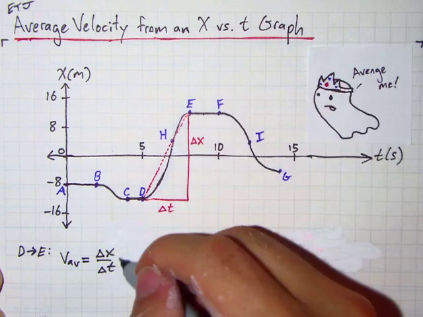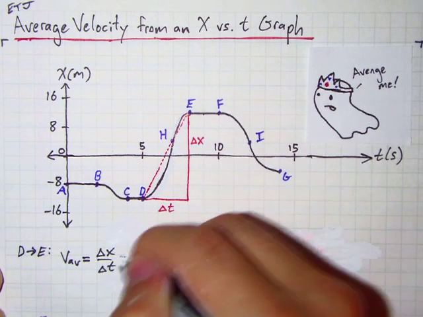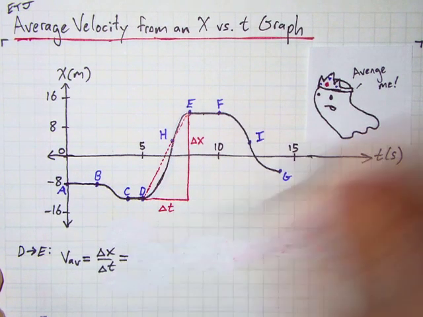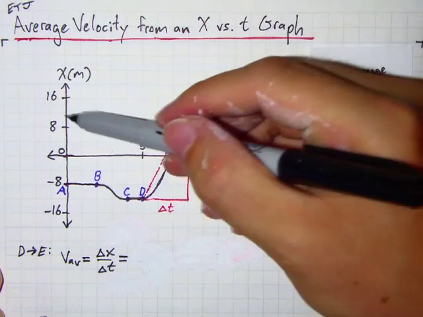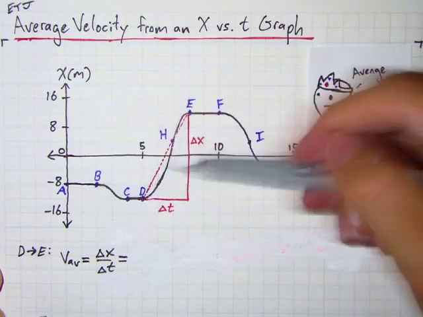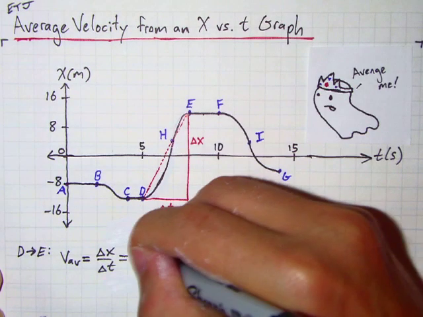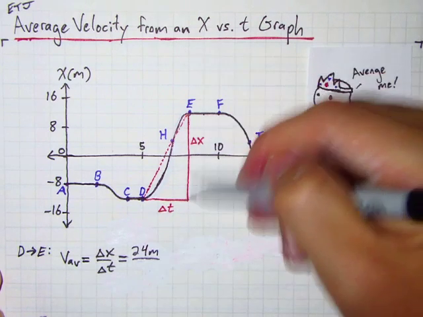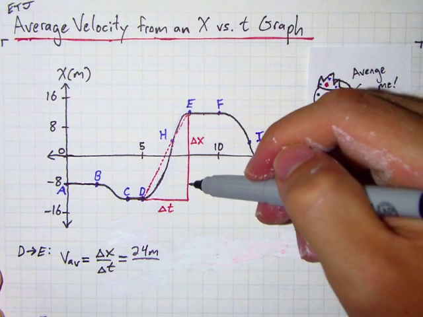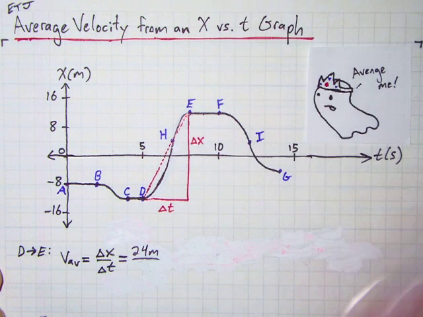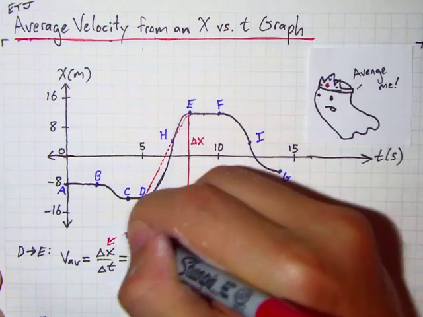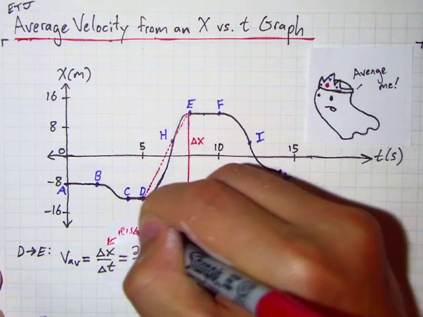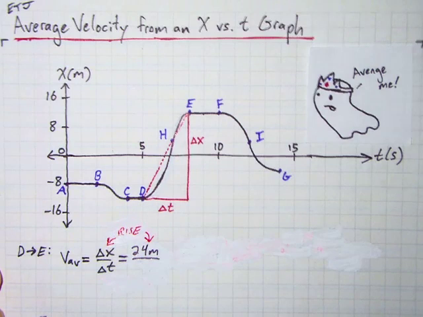In that context, delta x, our displacement, which we can tell is 24 meters here, looks like the rise that you would calculate when finding the slope. Our delta x is our rise.